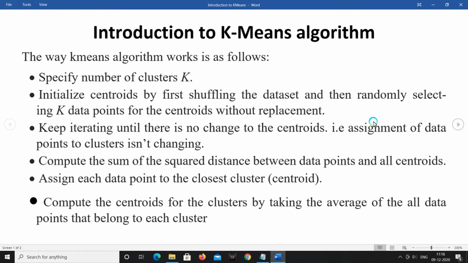After getting that, it again finds the centroid value by finding the average of all the data points. Suppose for C1 in the first iteration the value is 5 point something, and in the next iteration the value will be found by calculating the average of all the data points present in that particular cluster.